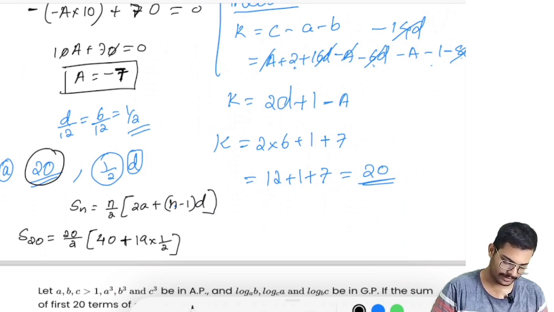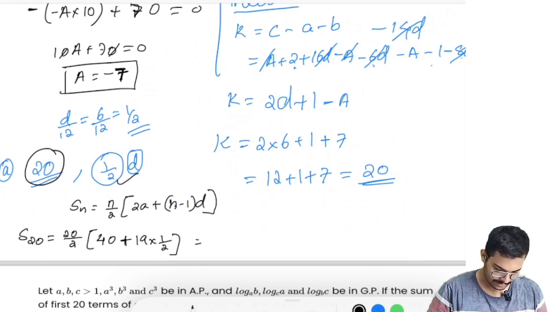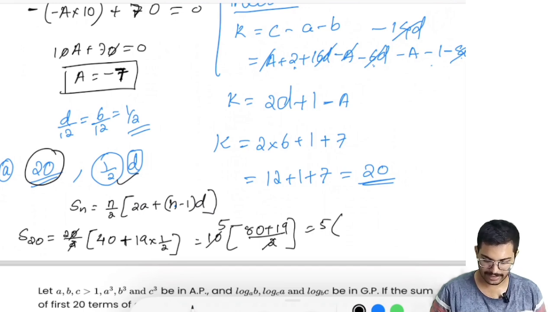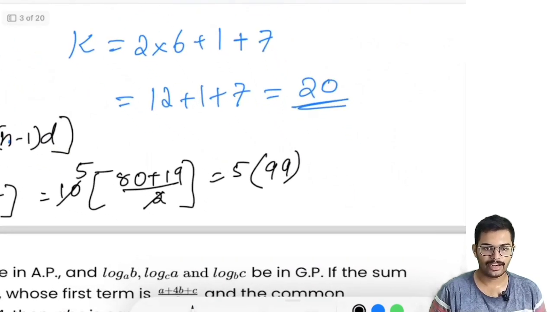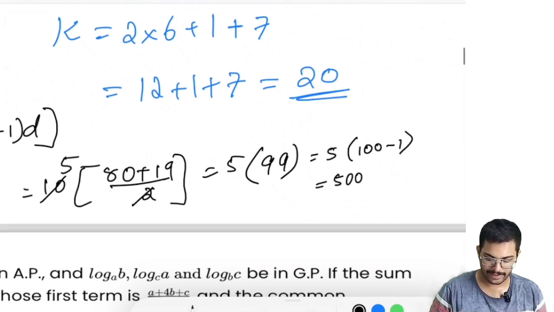Here the common difference of the new AP is half. Now this will be cancelled. It will be 10. And for the remaining value, when you cross multiply, it is 80 plus 19 divided by 2. You can cancel these two values. It will be 5 into 80 plus 19, which is 99. So how will you multiply this value? You can multiply 5 into 100 minus 1, which is 500 minus 5, equal to 495. This is the answer.